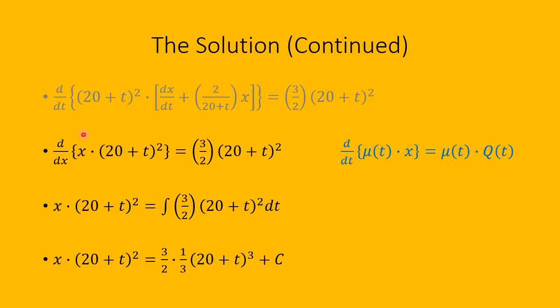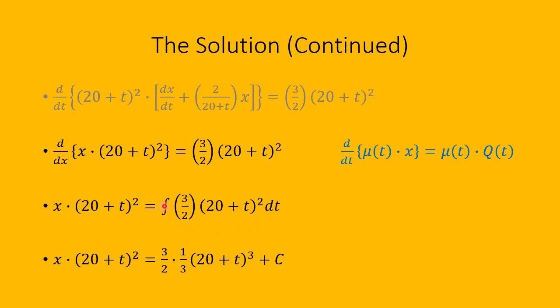When we anti-differentiate the left-hand side, we get x times (20 plus t) quantity squared. On the right-hand side, we'll just have the integral of 3/2 times (20 plus t) squared dt. Now, if you look at this right-hand side for a minute, if you let u equal 20 plus t, then du is going to equal dt.